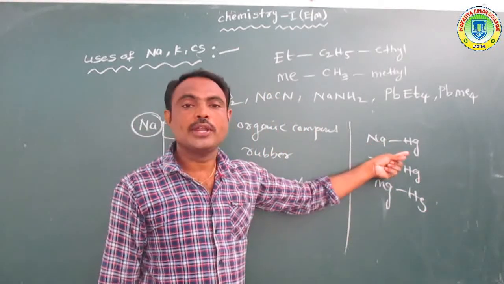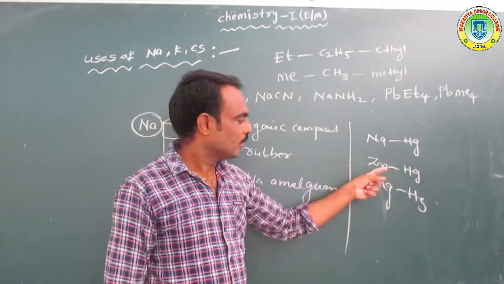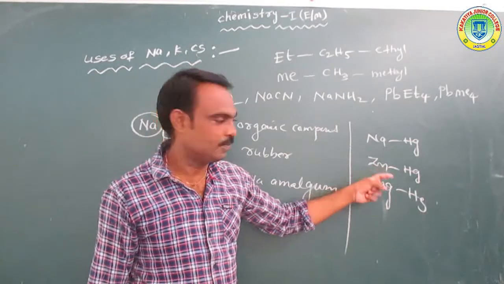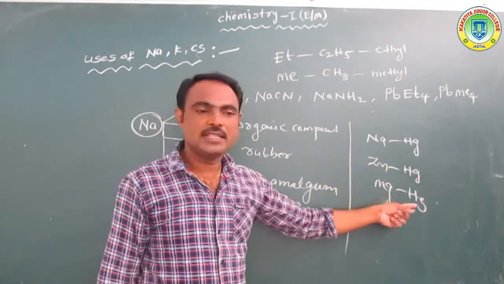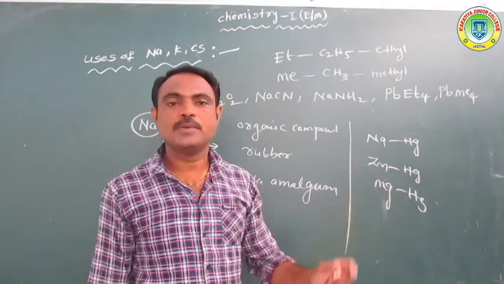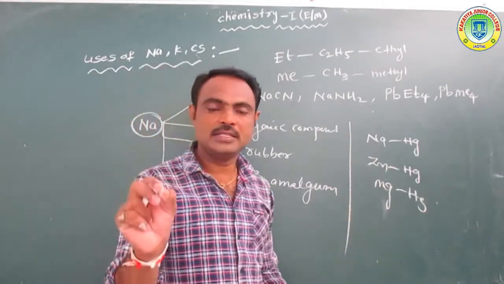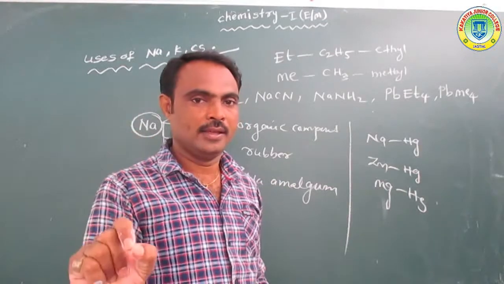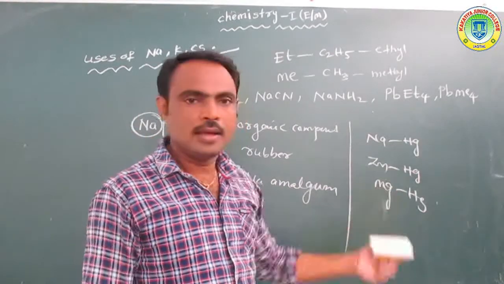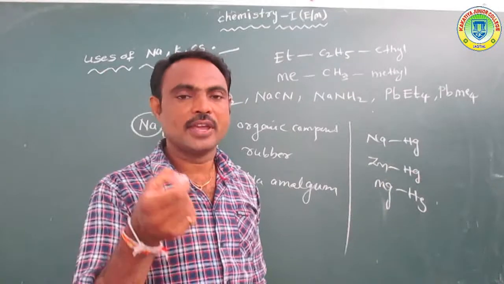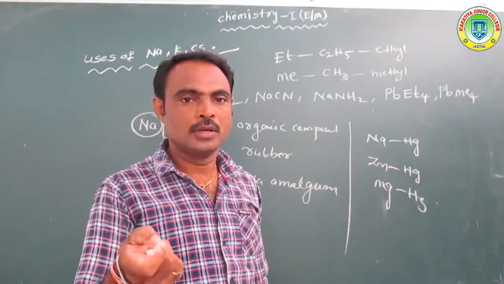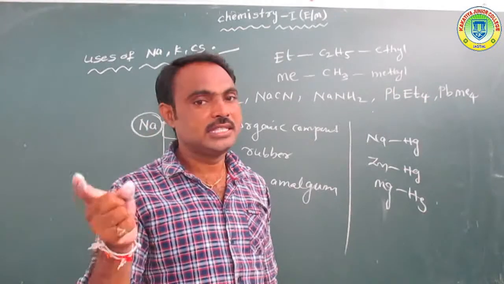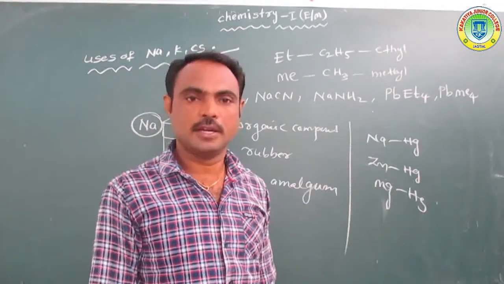NaHg means sodium amalgam. ZnHg means zinc amalgam. MgHg means magnesium amalgam. Amalgam means metals combined with mercury.